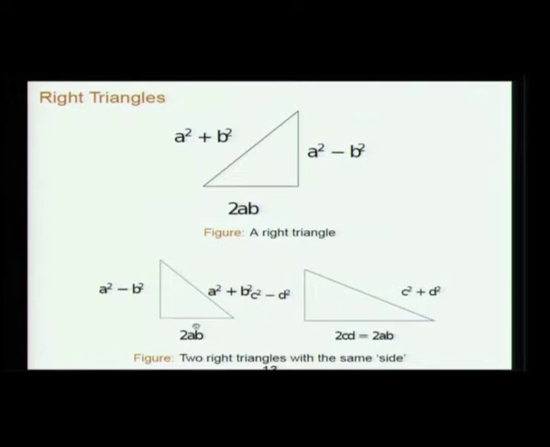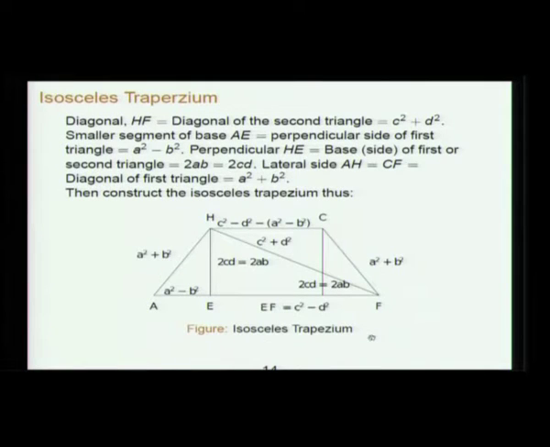Similarly, another triangle like this, only thing is you take 2CD equal to 2AB. C and D may not be equal to A and B, but this relation is there. If that is true, then he will give a rational trapezium like this. The perpendicular also is rational, that is important. You take the diagonal to be the second triangle diagonal, C squared plus D squared.